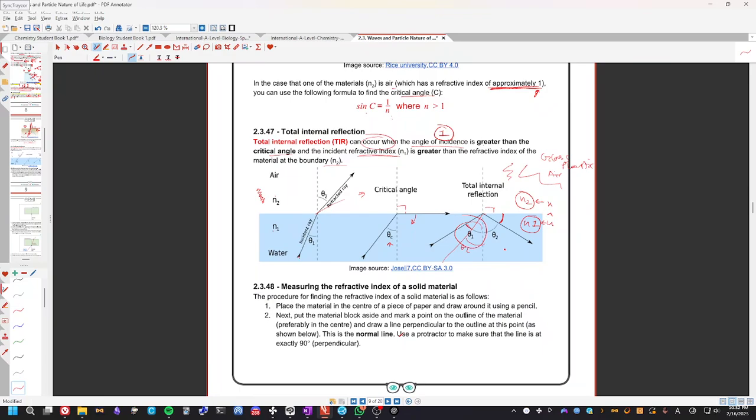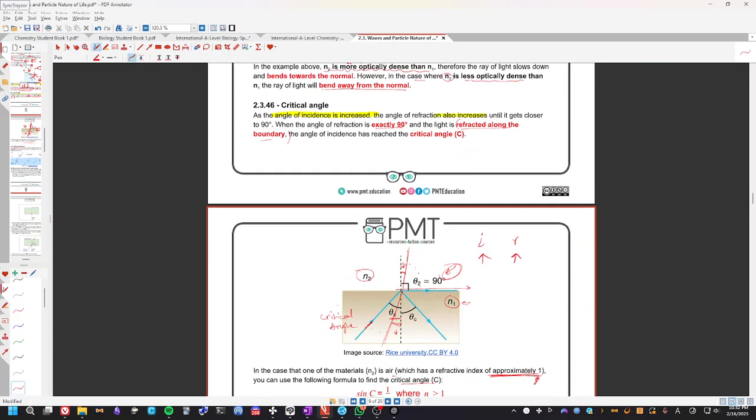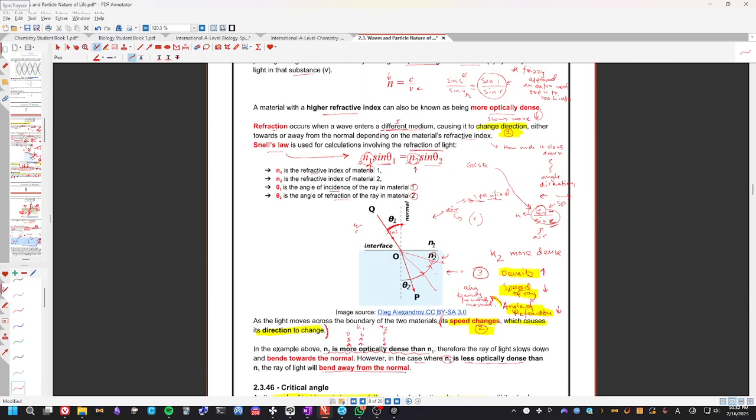In another case, if we looked at this case over here, and this is less dense and this is more dense, and if we increase the angle here, what would probably happen? Because that's actually a good question. Okay, fine.